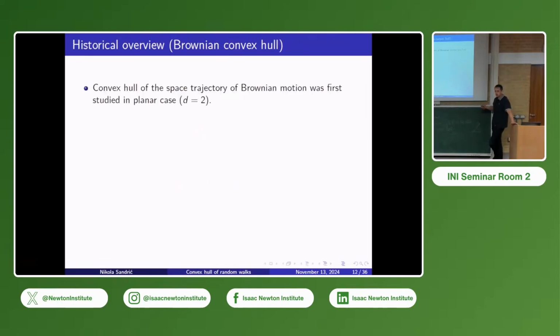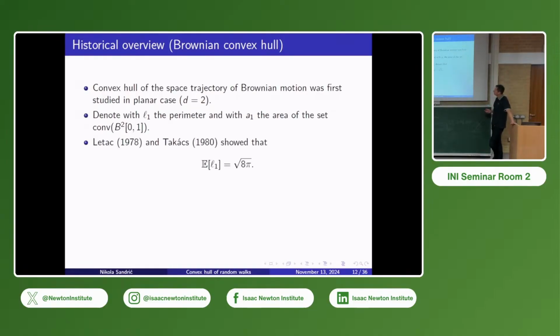Again, the first results are from the two-dimensional, planar case. Let us denote by L_1 the corresponding perimeter, and by A_1 the corresponding area, with 1 because we consider Brownian motion up to time 1. Results by Letac and Takács from 1978 and 1980, independently proved that the expected perimeter is square root of 8 pi.